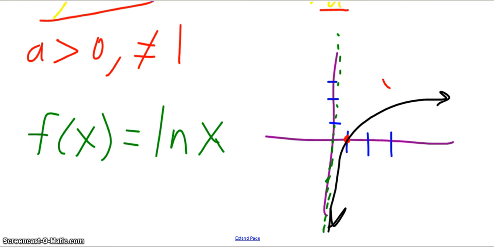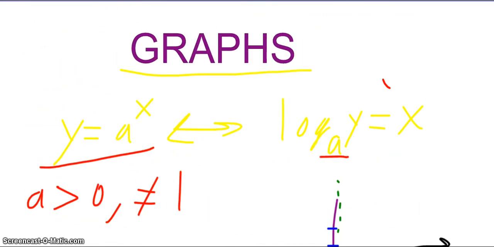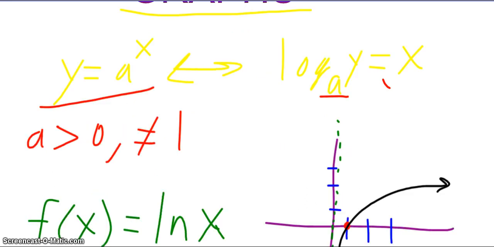Now I also know one other point, and it's not going to be a nice point, but I know that this graph is going to go through the point e comma 1. How do I know that? Natural log has a base of e, so that's saying e to the what equals e. Well, e to the first equals e.